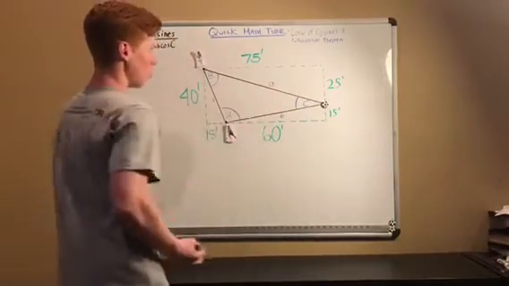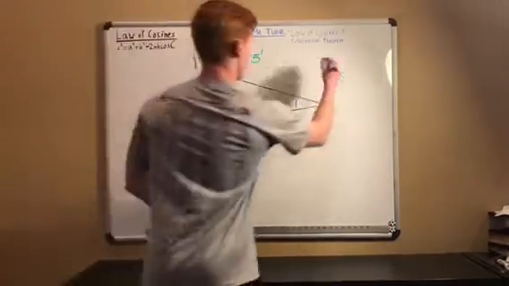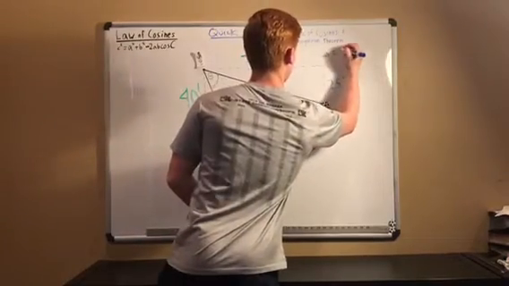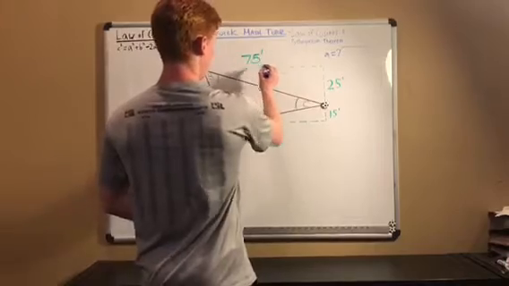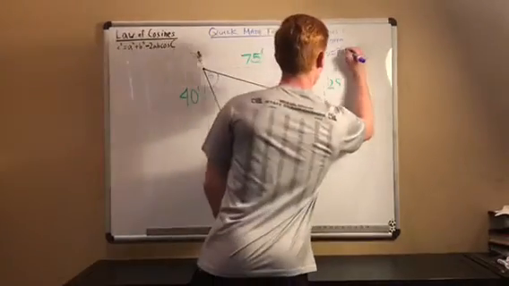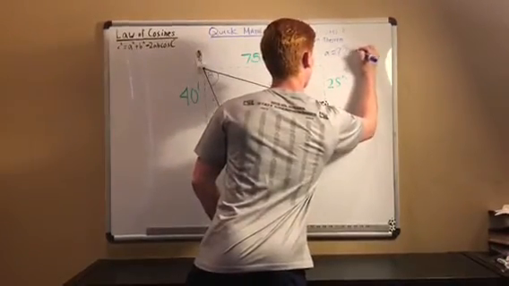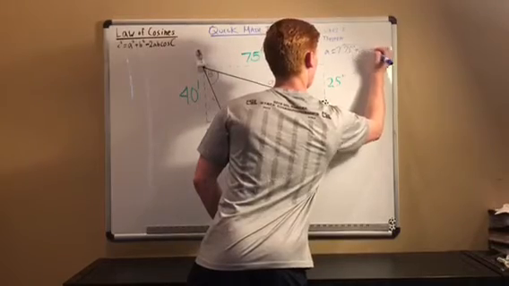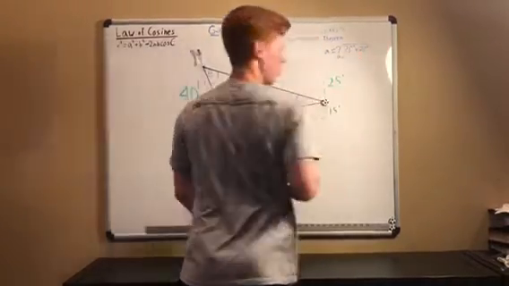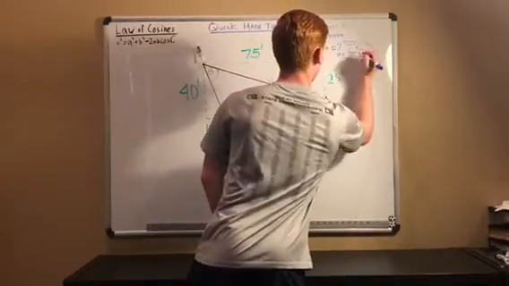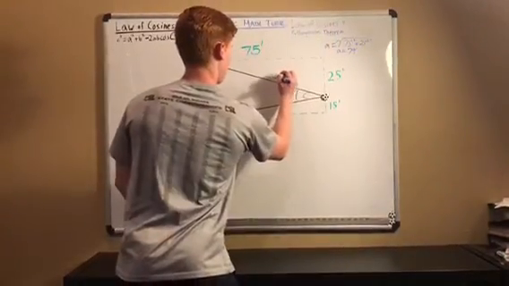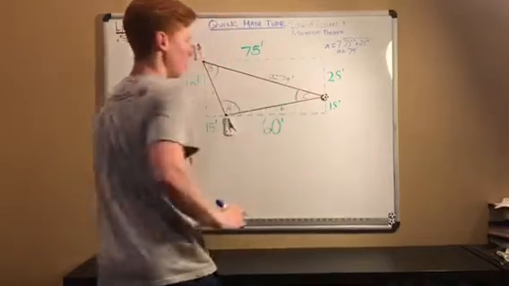So for side A, we just use Pythagorean theorem. So A will equal the square root of 75 squared plus 25 squared, and that will come out to 79 feet. So A equals 79 feet.